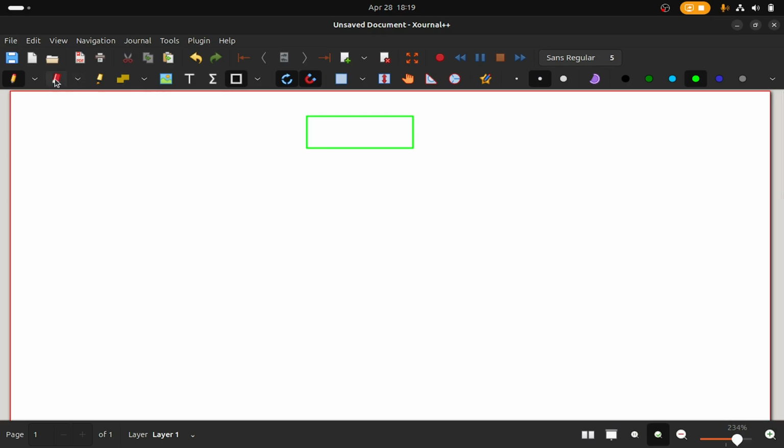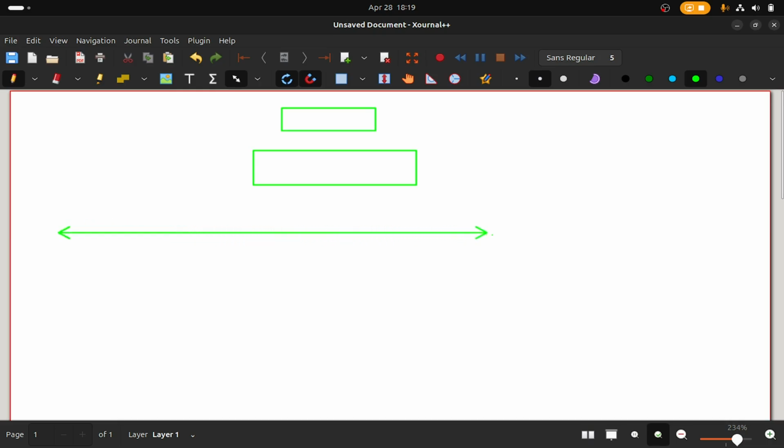Okay, let's reduce the size of this thing. Here we need a bus. One more block.